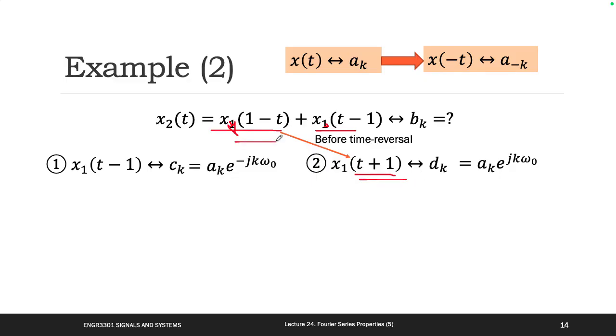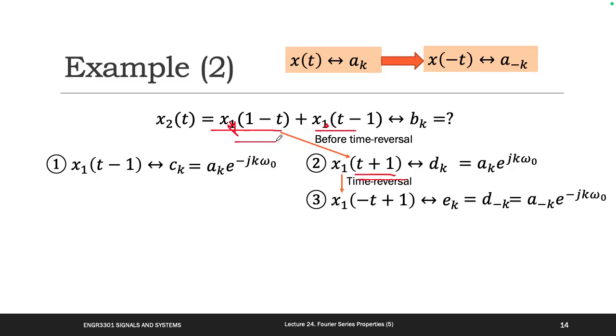What's the difference? Did you notice that? It means you do a time inversal. And for the time inversal, we know this equation. That makes sense to you? It will equal a_-k, e to the negative j k omega naught.